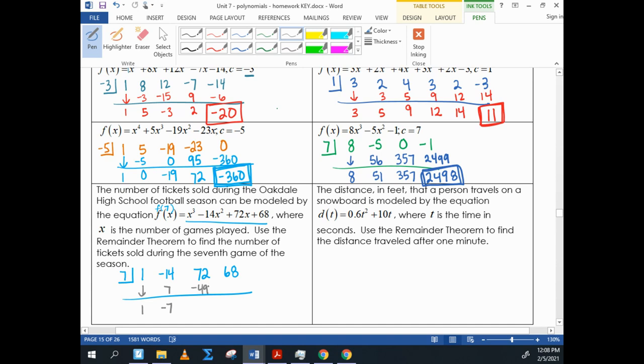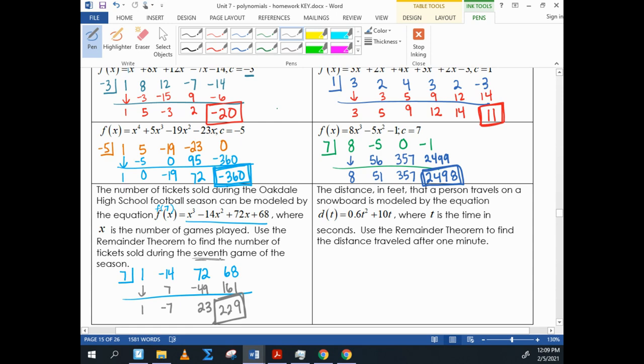What is that? 22, 23. Oh dear. Again, so I've got 23 times 7 is 161. Whoops, 161. Then when I add that, I've got 229. Okay, so they sold 229 tickets. Again, we're only looking for the remainder. 229 tickets were sold during that 7th game of the high school football season.